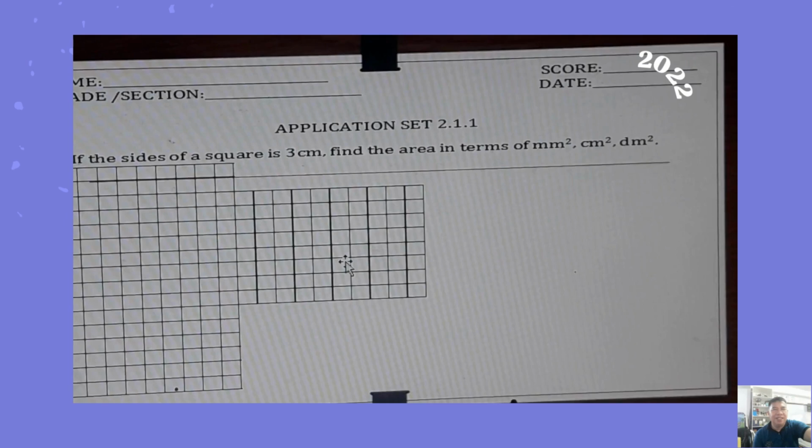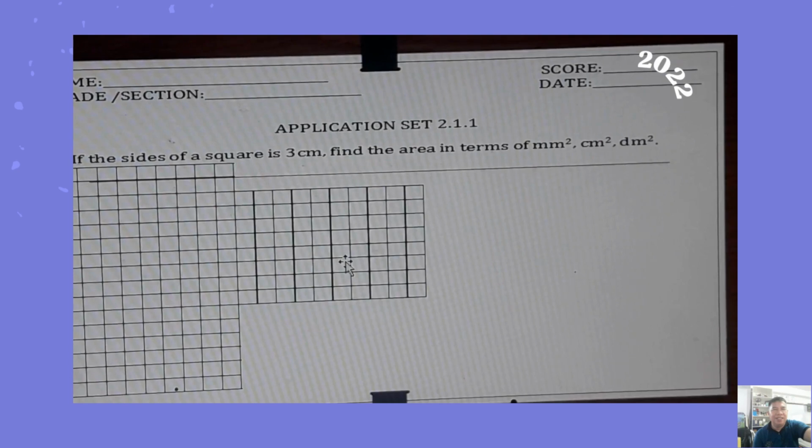If it is 3 by 3 centimeters, for every calibration, assuming that it is 3 centimeters, just count 3 times horizontally and another 3 times vertically. And whatever is the coverage of that area, just count how many squares of the graphing paper would be included in the area of the measure given.